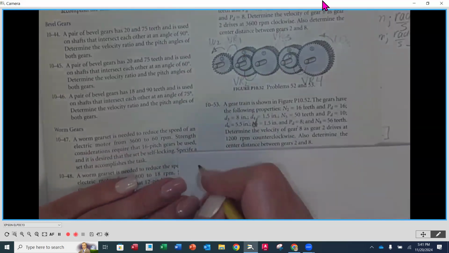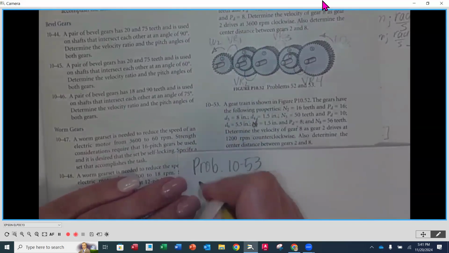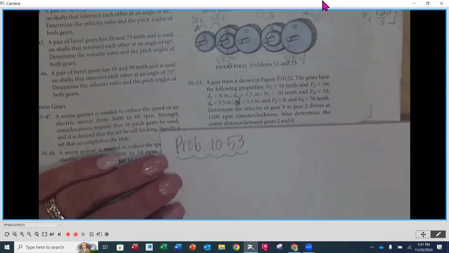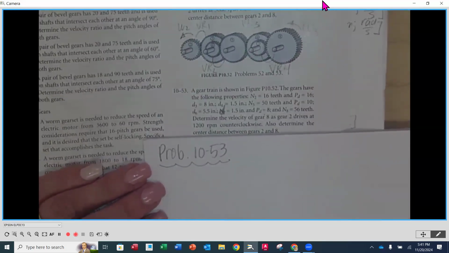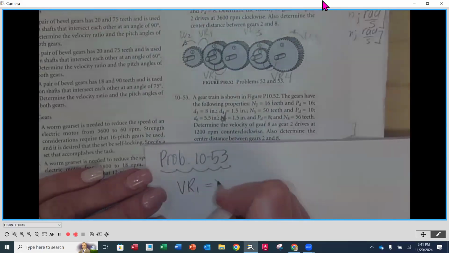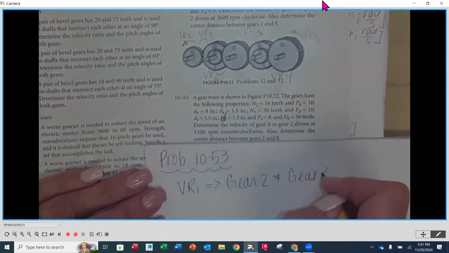So we're going to start off here with, so this is problem 1053. Okay. And we're going to do the same process as we had on the last one. So we're going to look at velocity ratio 1, which is equal to gear 2 and gear 3. Okay.